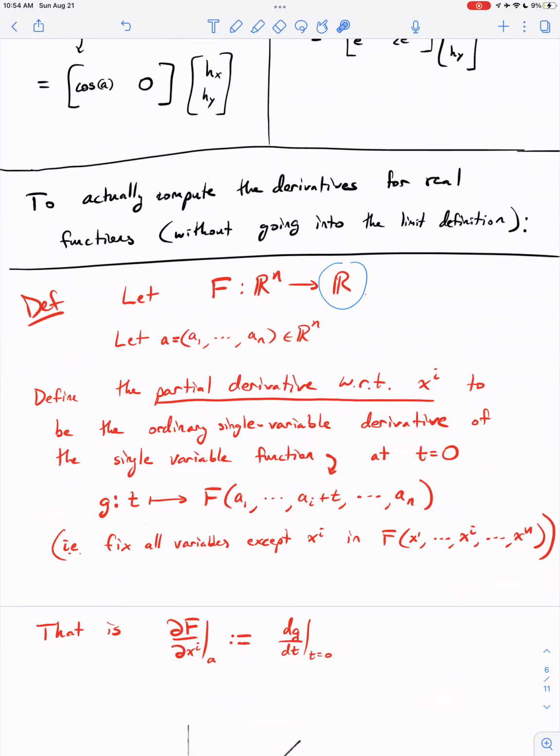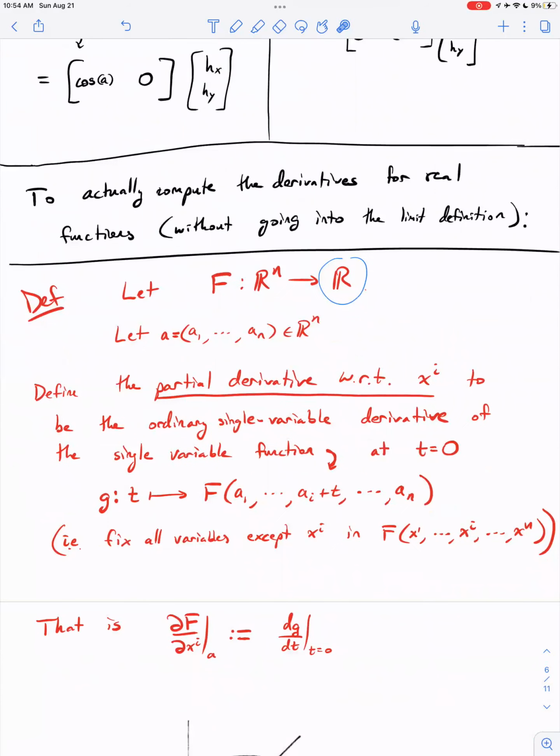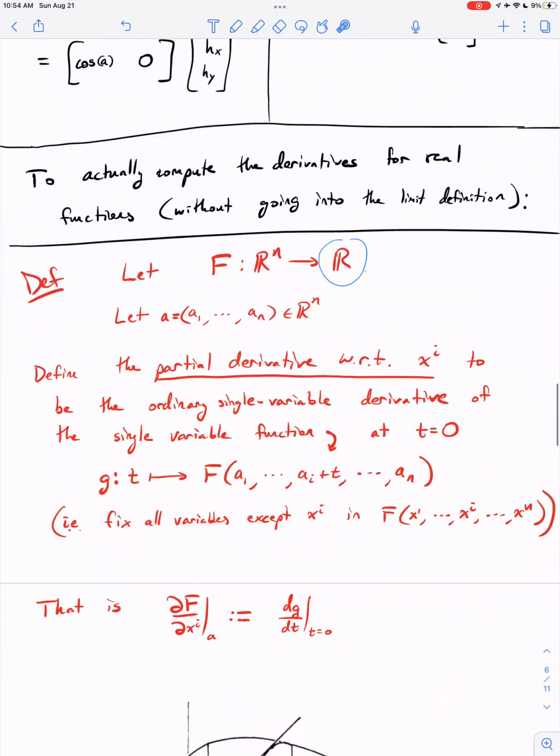This function is: you plug in t and just vary the ith variable. You fix all the variables except for the ith variable, and this ith variable is the only variable you have left over. Then you take the derivative with respect to t.